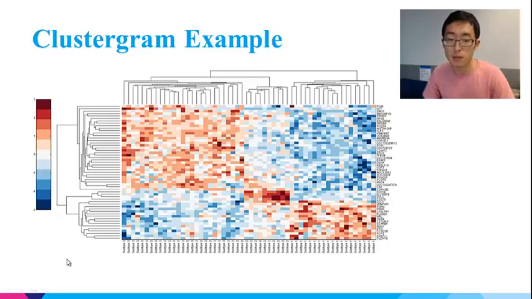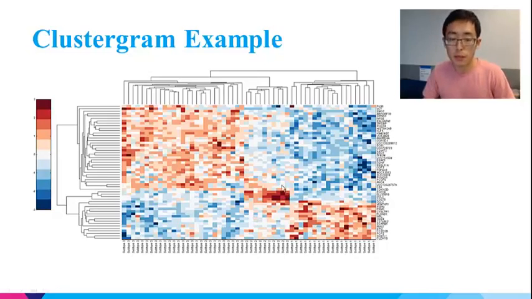If this doesn't make sense to you, don't mind. Just remember that the two clusterings are independent of each other. The result is that similar gene expression profiles are clustered together, and genes that have similar expressions across all profiles are also clustered together. For example, genes consistently highly expressed in cluster 2 are clustered together, like here.